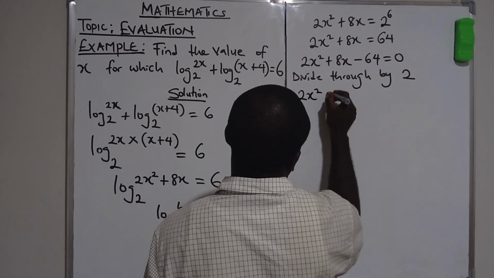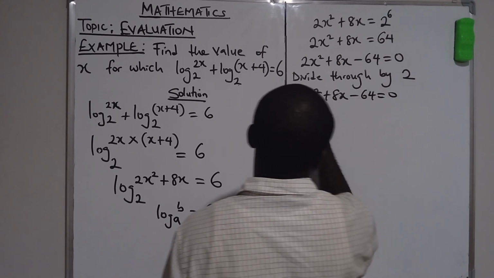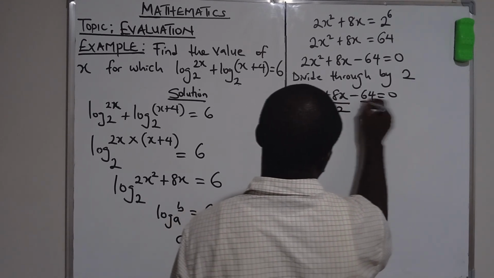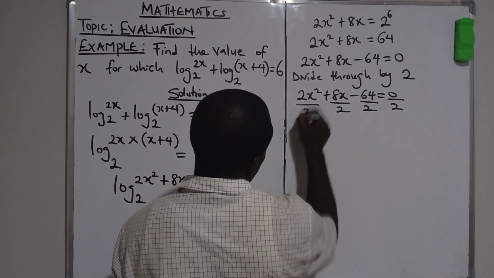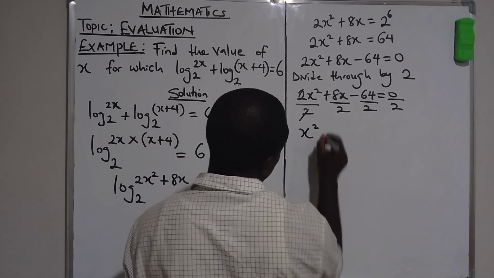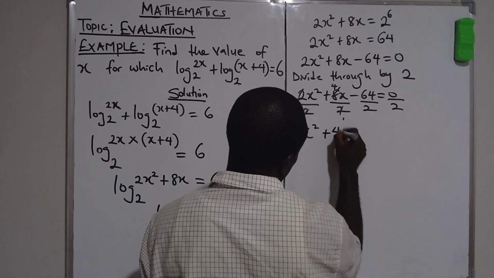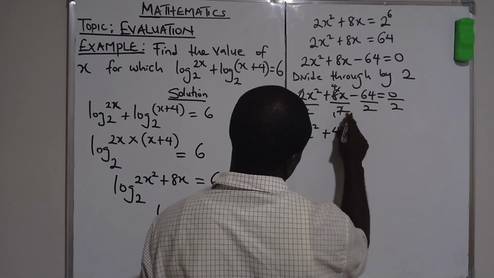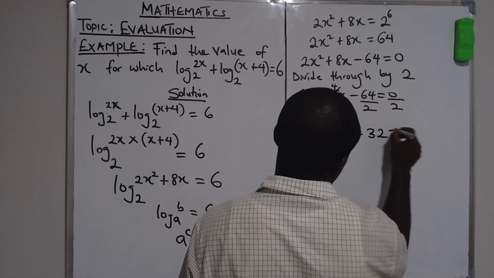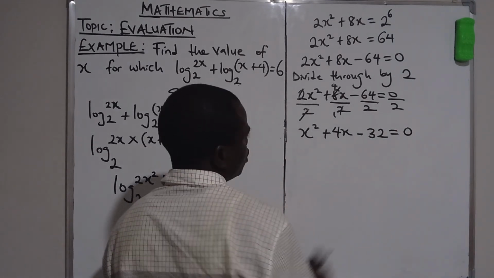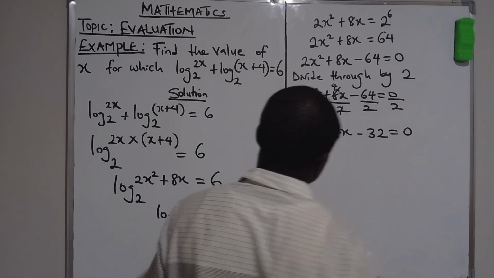Now 2x squared plus 8x minus 64 equals to 0, divide everything by 2. You have x squared plus 4x minus 32 equals to 0. 0 divided by 2 is 0. 64 divided by 2 is 32.